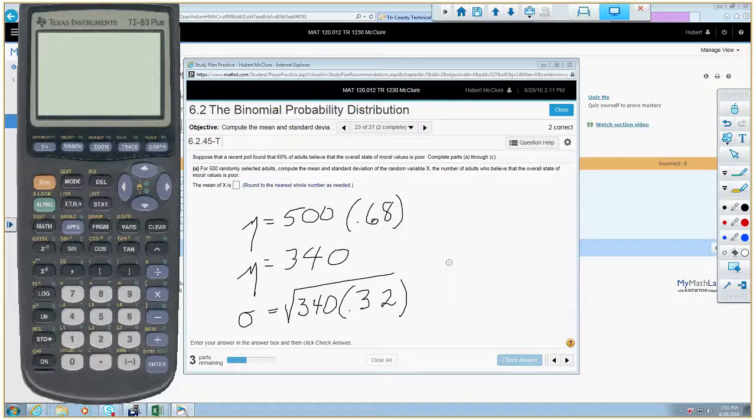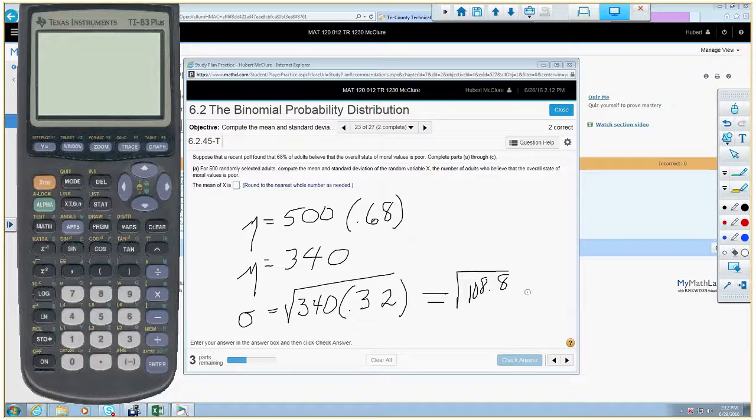And 30% would be 102. Then 108.8. So it's the square root of 108.8.